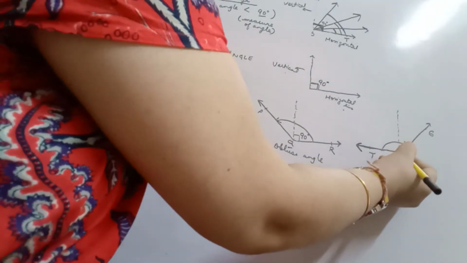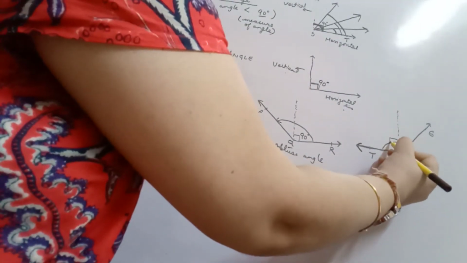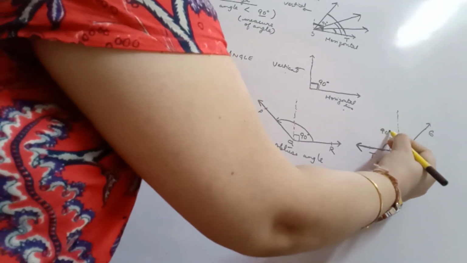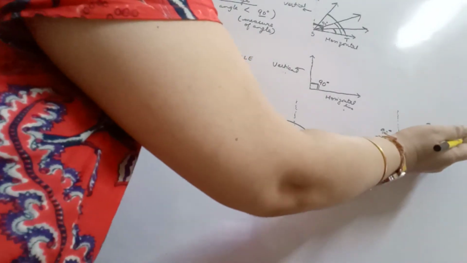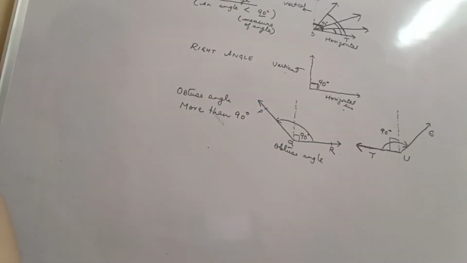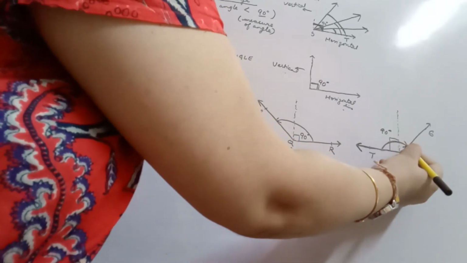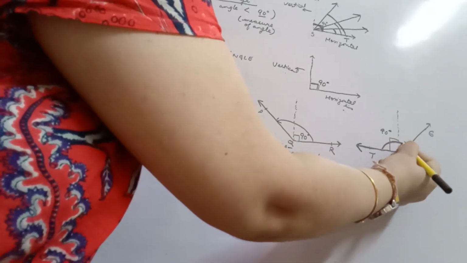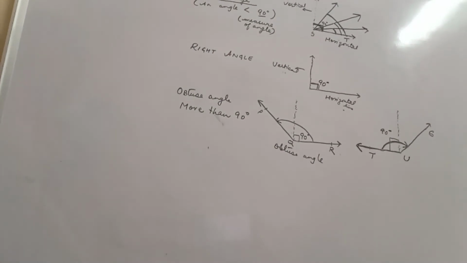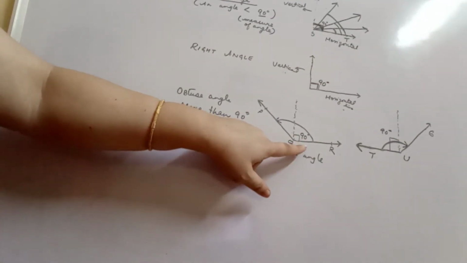Now you can draw the vertical line here. This vertical line is forming 90 degrees. If you draw a ray beyond this 90 degrees, it would be an obtuse angle. So again, see the marking here.